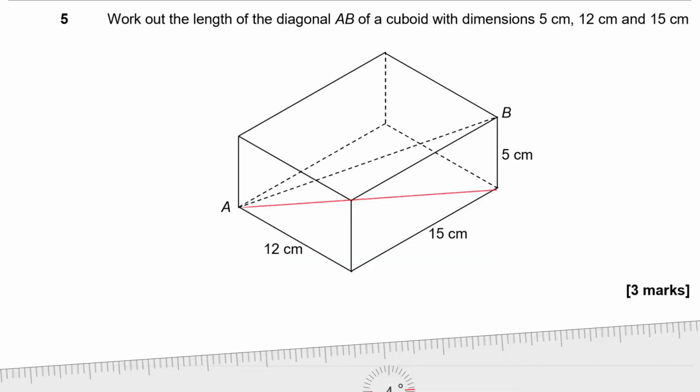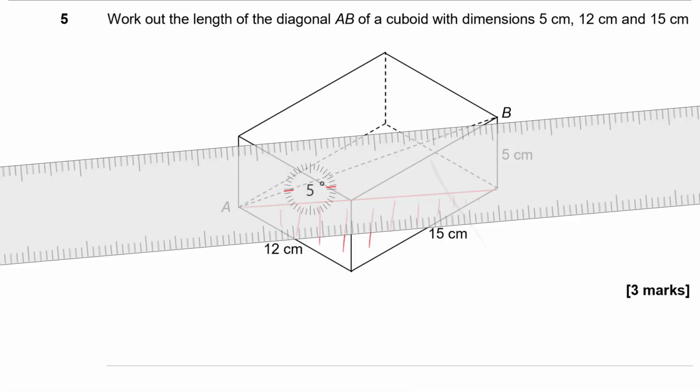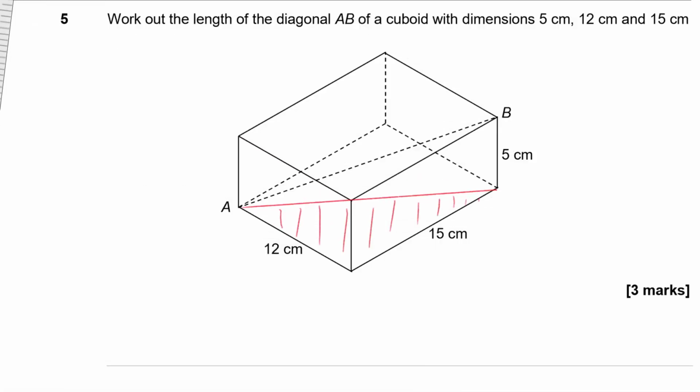That's going to give me this triangle down here, which is half of the base, isn't it? Now I can use Pythagoras' theorem to work out the length of that longest side, can't I? So let's call that point there C.